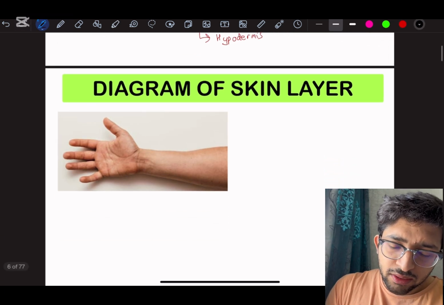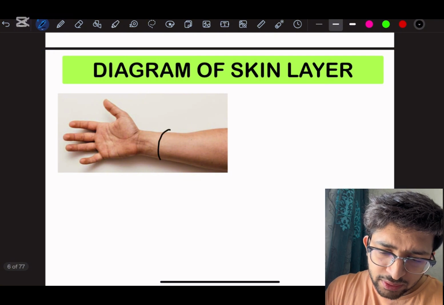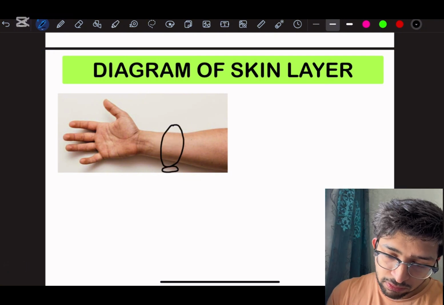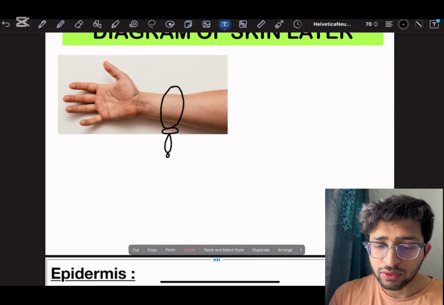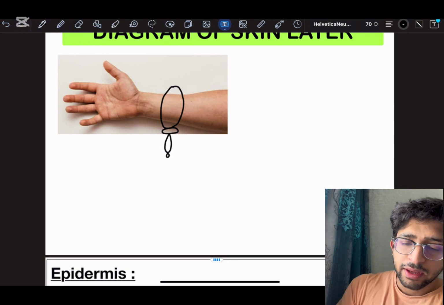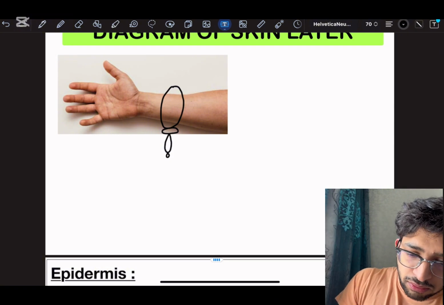So let's say I will take this cross section. I'm taking this small cross section of this forearm, and we'll draw it like this.